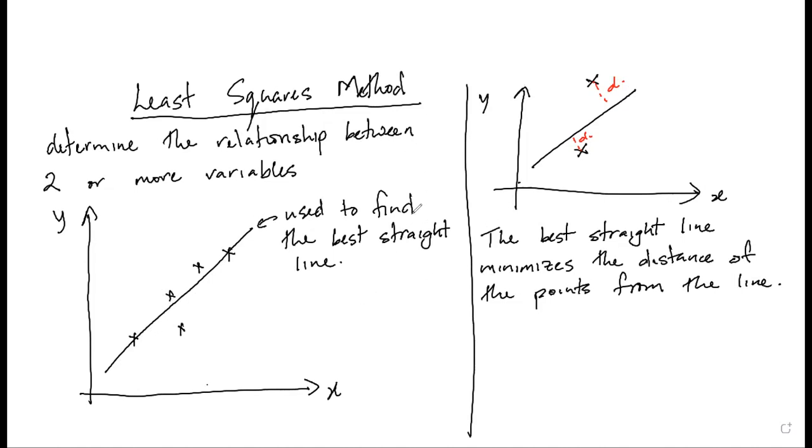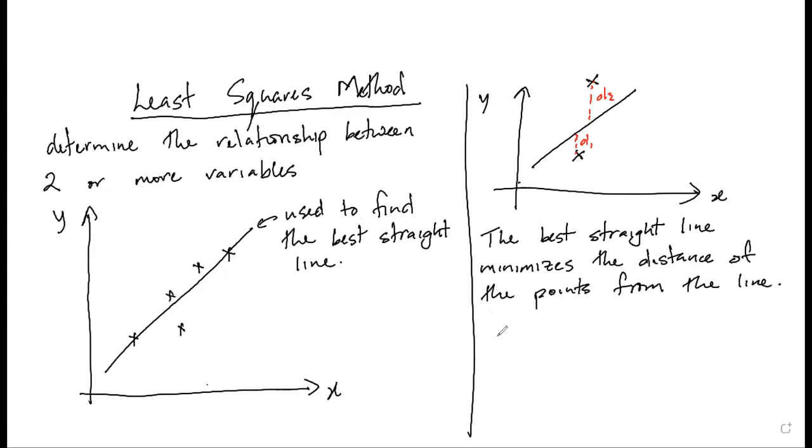So I want to take a little bit of time out to derive the equation of this line. Okay, so it minimizes distance D from the line.